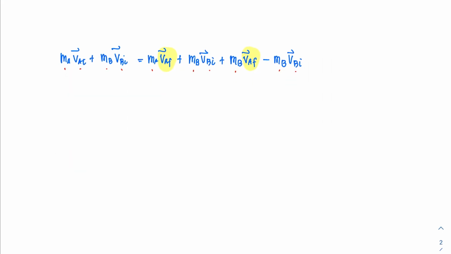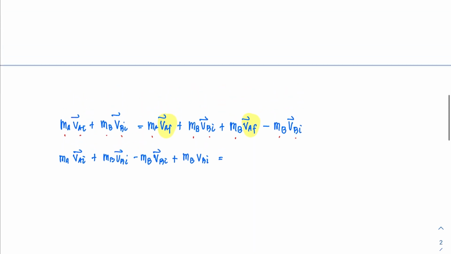So what you're going to do is to transpose everything that does not contain VAF to the left side of the equation. So I have MA VAI plus MB VBI minus MB VBI. Alright, so I'm just going to initially check.